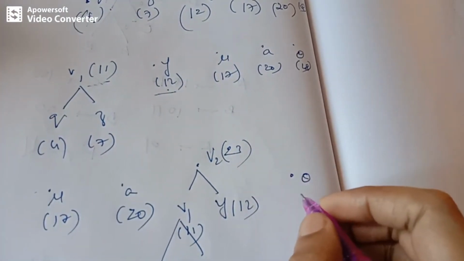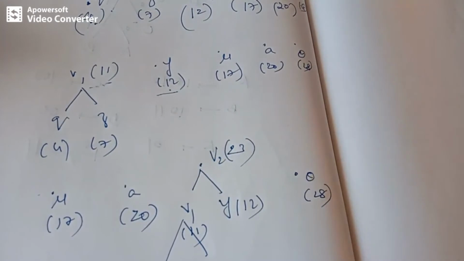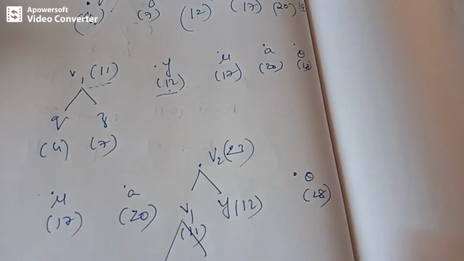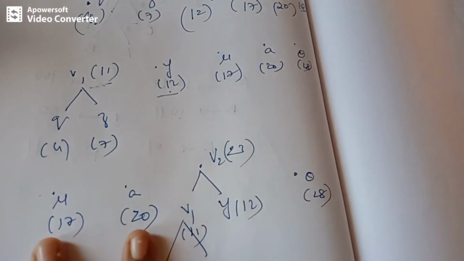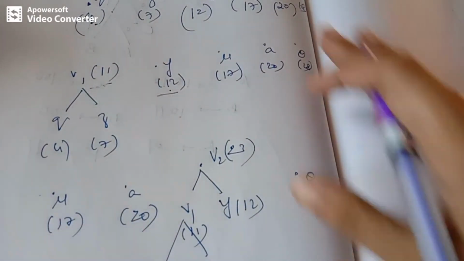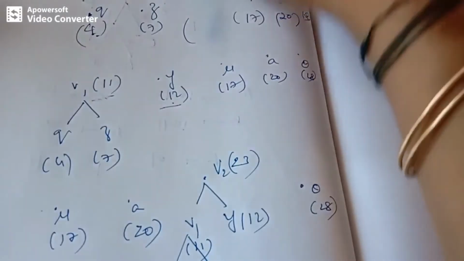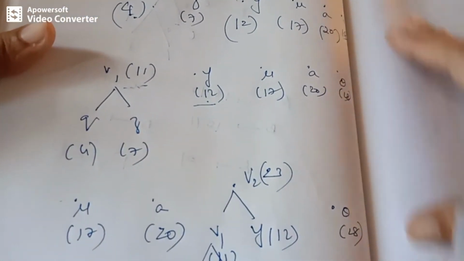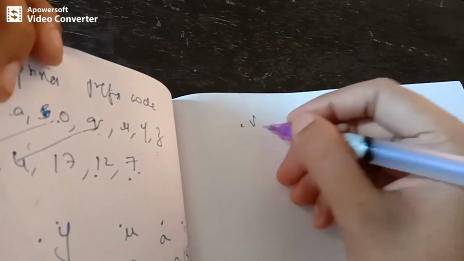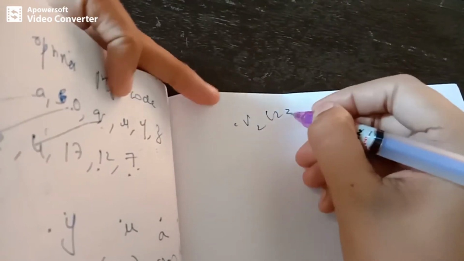Next you have O, which has weight 28. So all the weights are arranged in order. Next, once again you follow the same procedure until you get a single root. I will combine these two. Their sum of the weights is 37. I will fix them in the last position based on the weight. So the next level looks like 23.